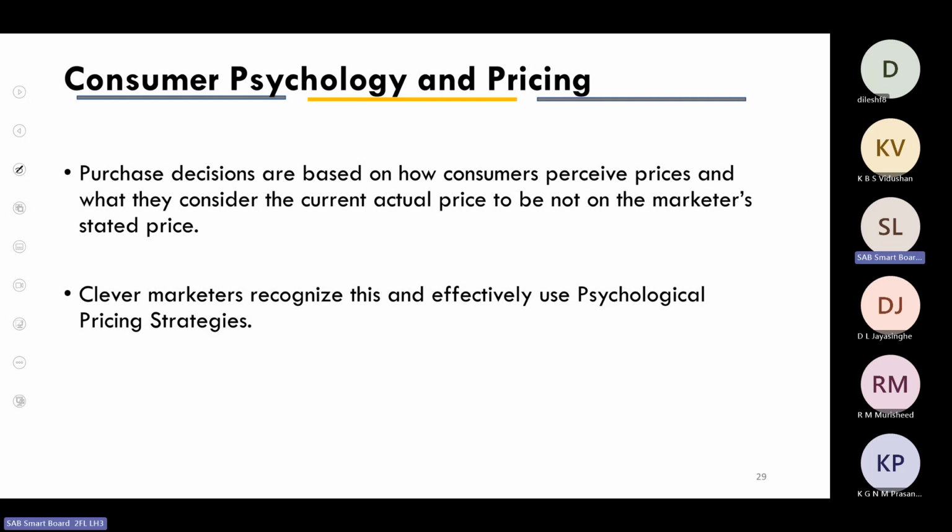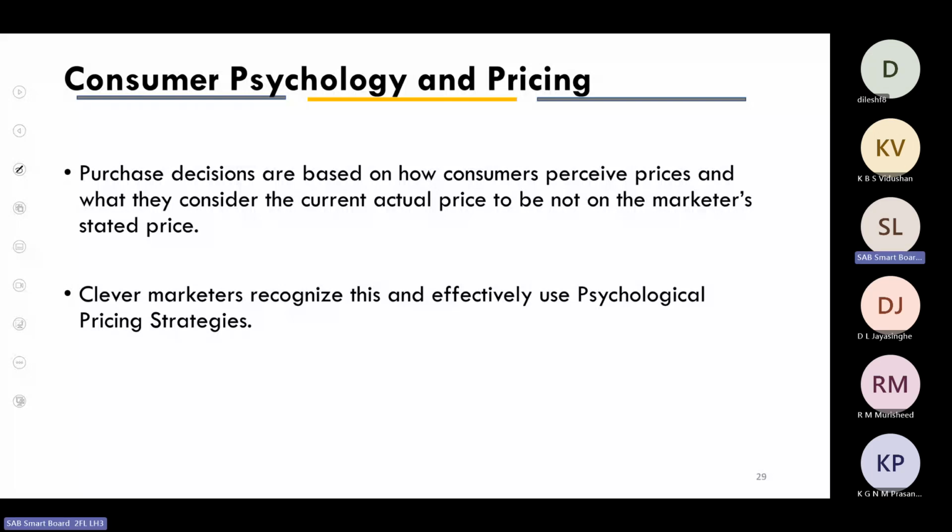Many marketers use psychological pricing, and under this is the price-quality relationship. When it comes to products like cosmetics and some luxury items, we believe that if the price is high, the quality is also good. That is what has happened with alcohol as well.